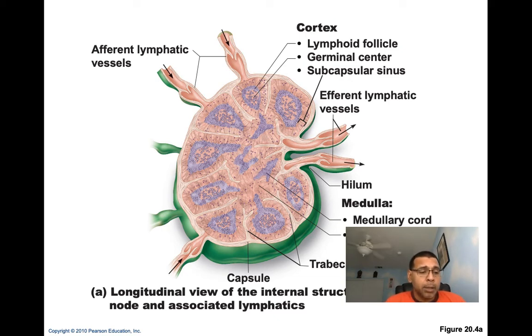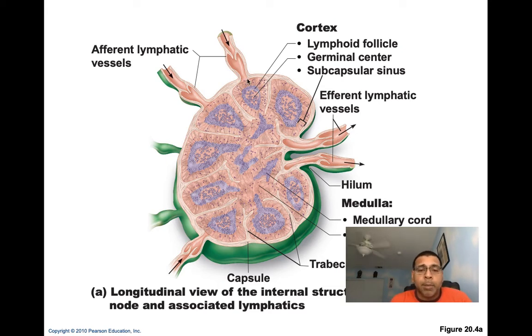So very small. Now, the capsule you can appreciate here is dense, fibrous connective tissue, and it's found surrounding each node. It forms trabeculae.